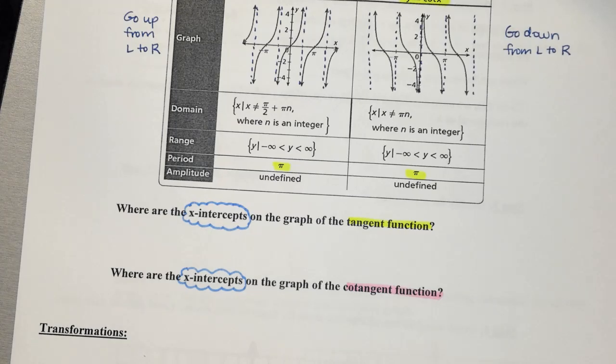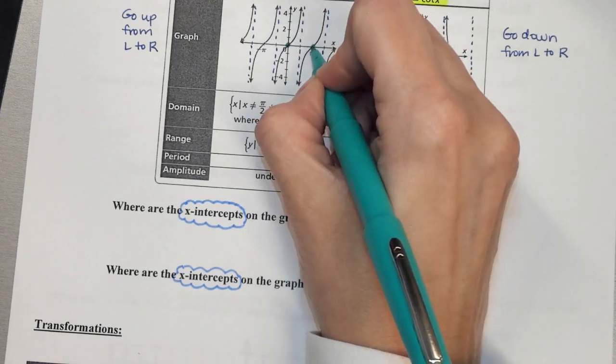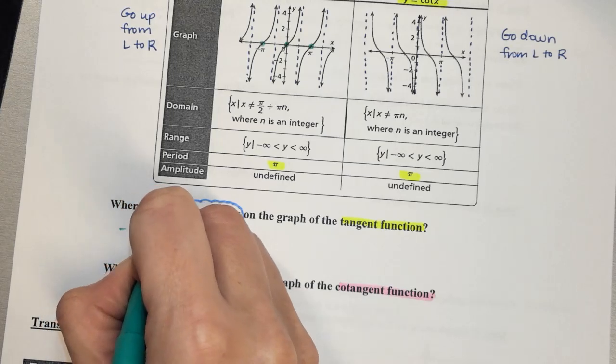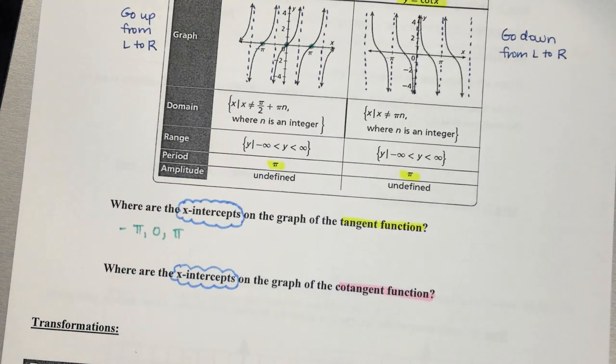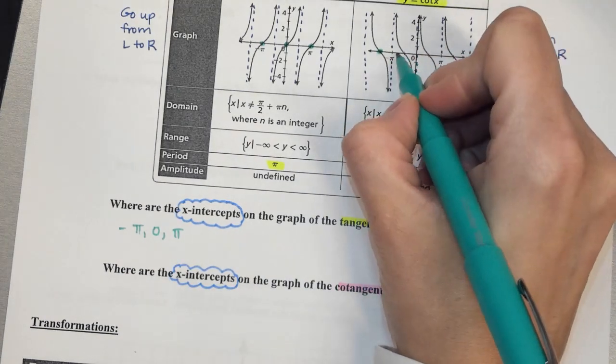Okay, so you have one at 0, at pi, and negative pi. So we can just list those out. Those are my x-intercepts. And then for cotangent, do you guys know what this guy is here?